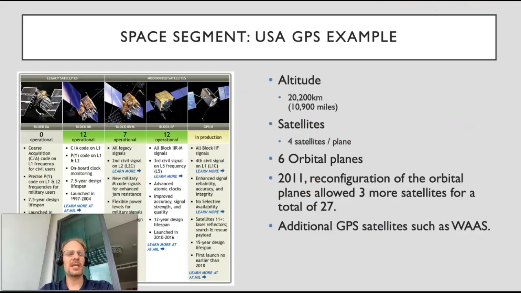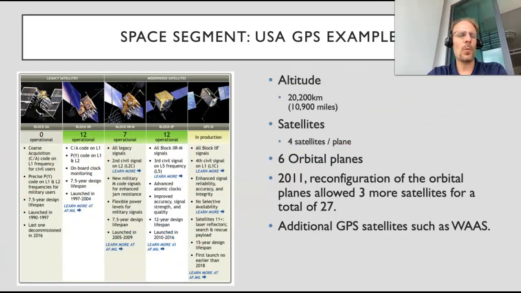Next, let's talk about the space segment. The space segment refers to the satellites themselves, and where those satellites are. This is an example of the types of satellites that are being used in the U.S. GPS system, as it's called, GPS standing for Global Positioning System. There are several different types of systems. In the U.S., we started off with some earlier satellites, and we've replaced them and we're currently continuing to replace them.